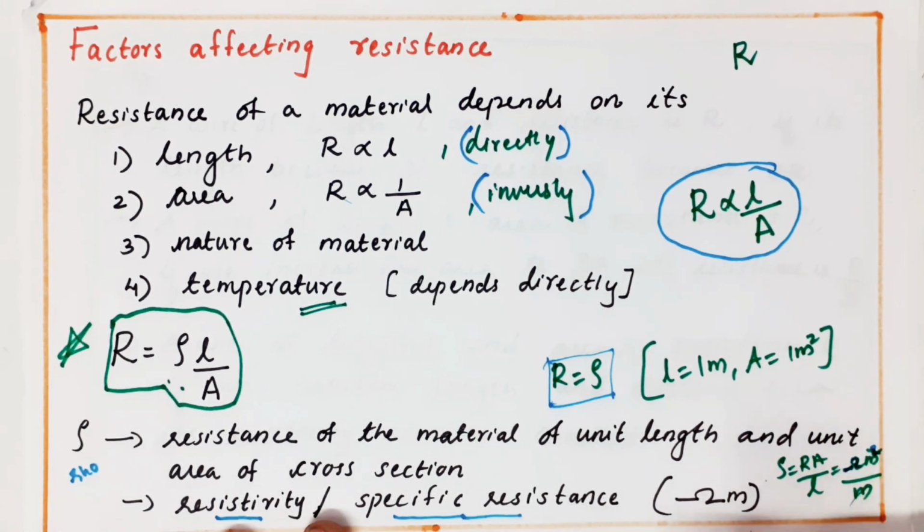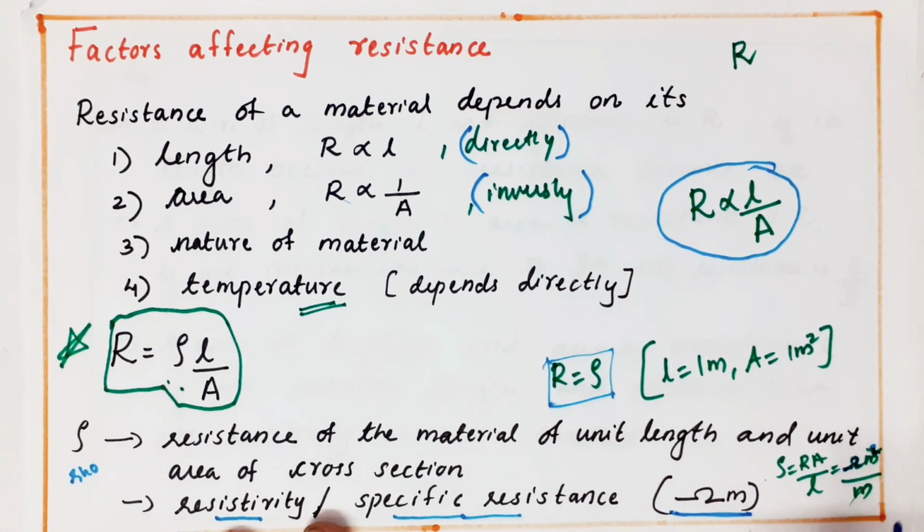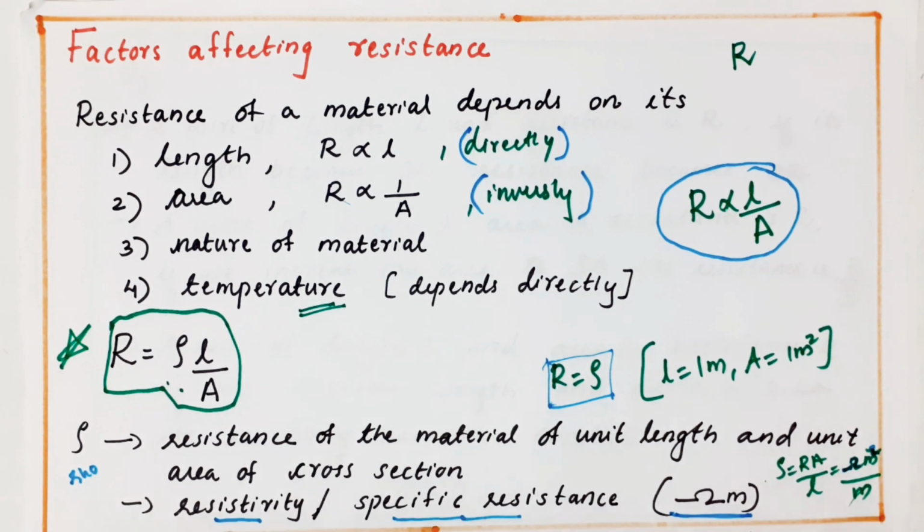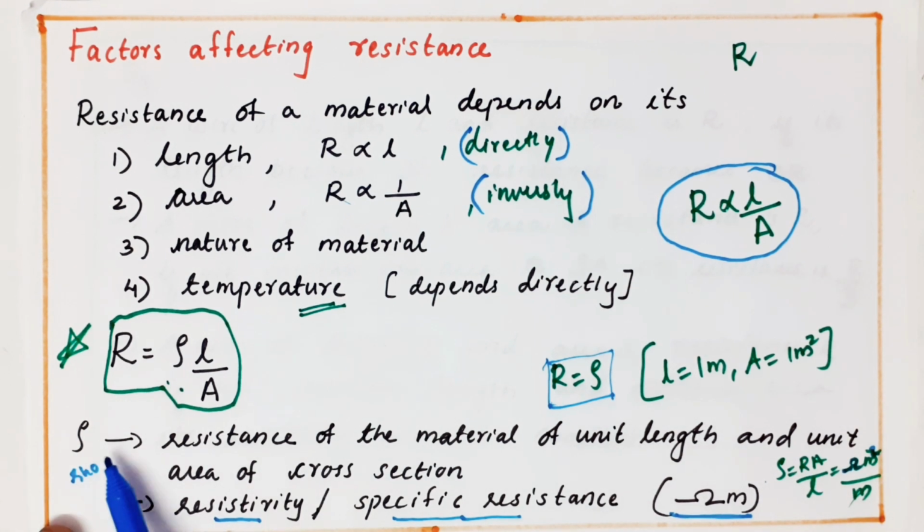Meter cancels. So the unit of resistivity is ohm meter. Resistivity depends only on the nature of the material and the temperature. It is independent of length and area. It's a very important point.